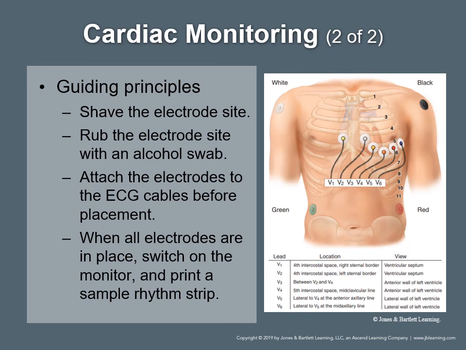So the positioning of the V1 through V6 leads. You're going to position V1, and if you see it's counting the ribs 1, 2, 3, and 4, the space under the fourth rib. What's that space called?